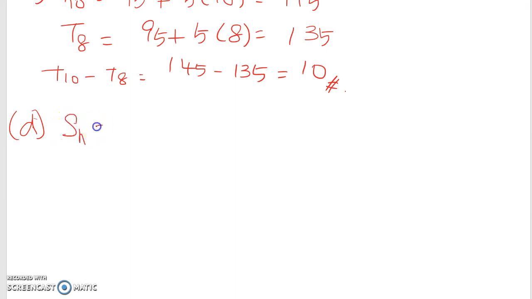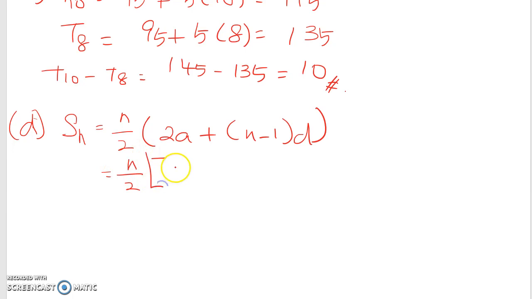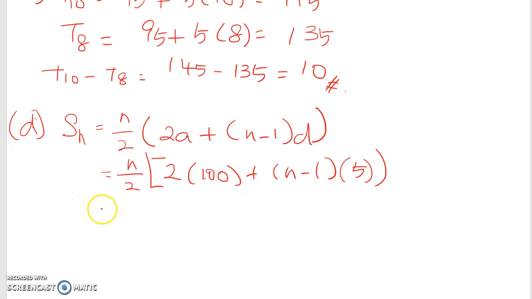And the sum equation for the arithmetic sequence is Sn equals n over 2 times 2a plus n minus 1 times d. Let's key in everything that we know. So 2a, a is 100, we've seen this just now, n minus 1, and d is of course our common difference of 5.